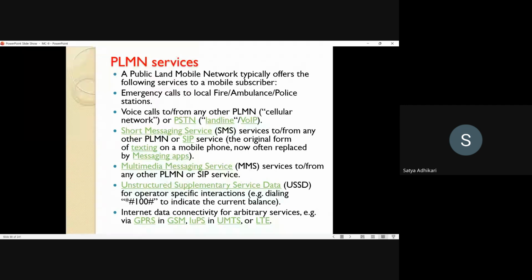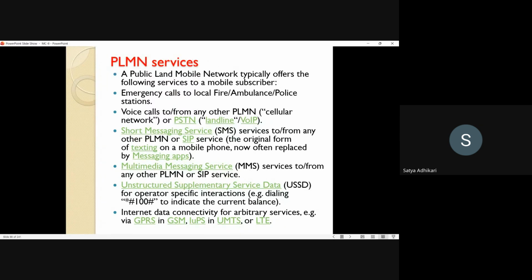That is called unstructured supplementary service data, USSD. So basically it is used like hash 123, hash 12 something. For operator-specific interaction, dialing star hash 100 hash indicates the current balance. So it is different from operator to operator, but this USSD code is also another service of PLMN.